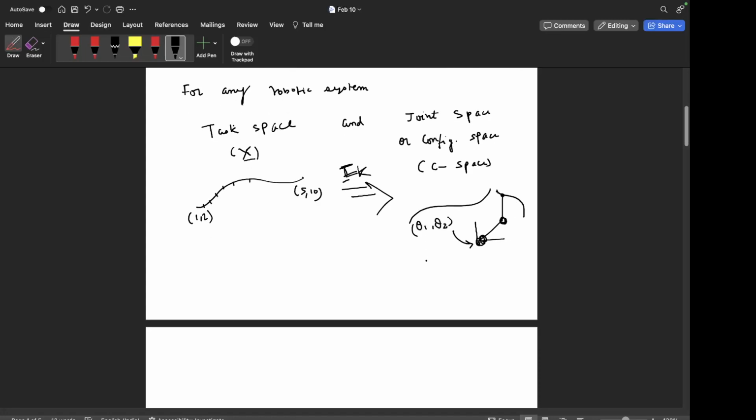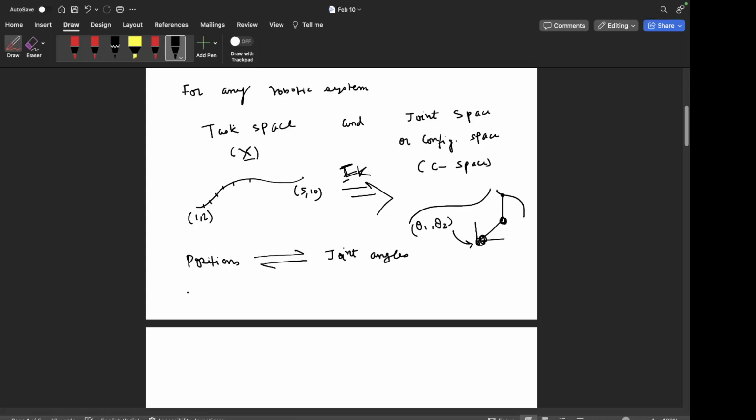Till now we were dealing with positions and joint angles, going back and forth between positions and joint angles.